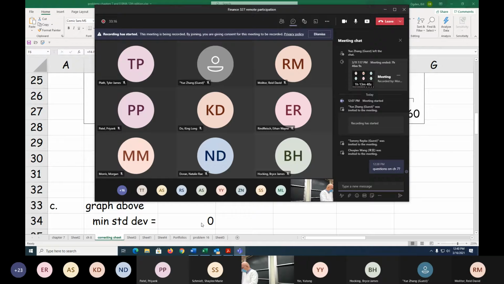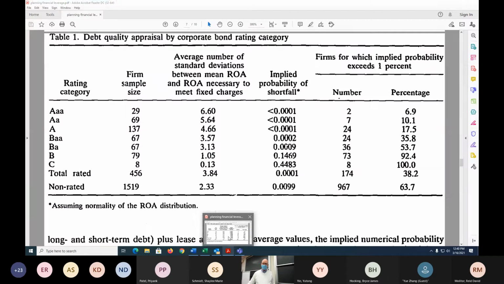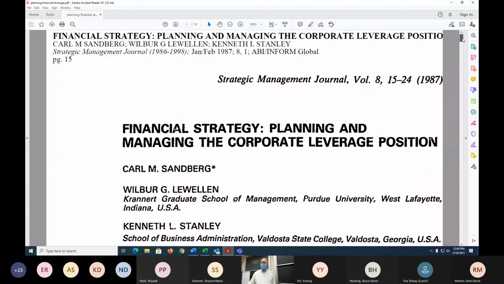However, I found what I thought was a little better approach. There's a PDF file which I made available to you on Canvas. It says financial strategy, planning and managing the corporate leverage position.